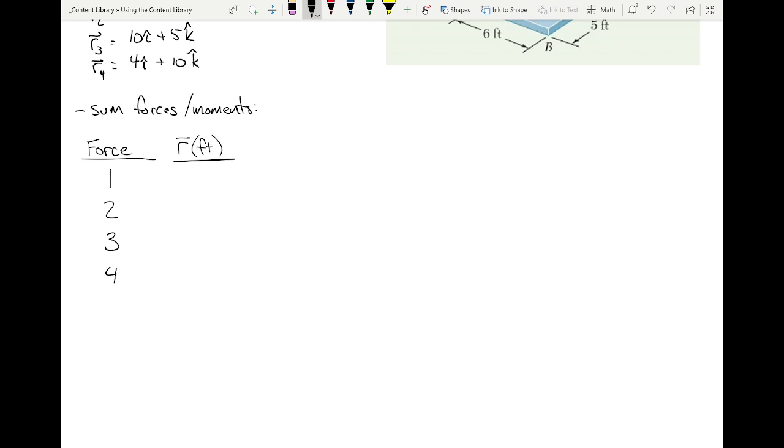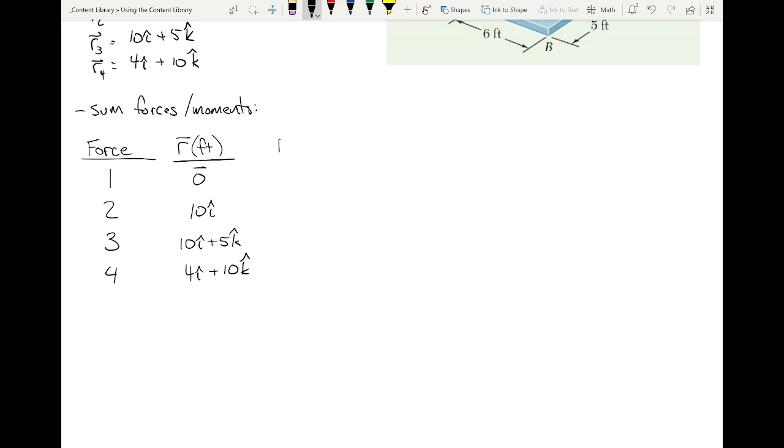So I'm going to repopulate that table. So we have a 0 vector. We have 10i. We have, oh, that's wrong. That needs to go like that. We have 10i plus 5k. And we have 4i plus 10k.